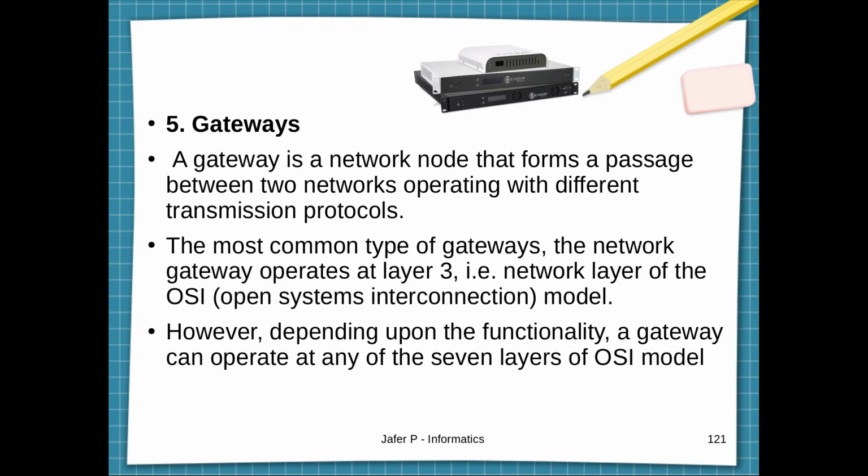With the help of a gateway, you can connect these two networks so that communication is made easy. This gateway can be used in any of the 7 layers of the OSI reference model, depending on the functionality.